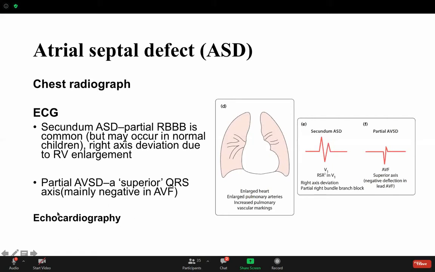You should really look for the echocardiography. في الchest X-ray اللي هنا الصورة هذه حقت الchest X-ray. أهم شيء يصير عندهم enlarged heart و enlarged pulmonary arteries. ليش؟ لأن في more blood going to the pulmonary artery.